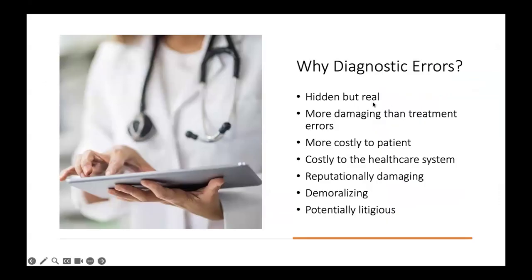Why am I really interested in diagnostic errors? I've been talking about diagnostic errors now for almost 10 years, because they are very real. They're hidden, but they're very real. And they're more damaging than treatment errors, and we're going to show you how that is the case.